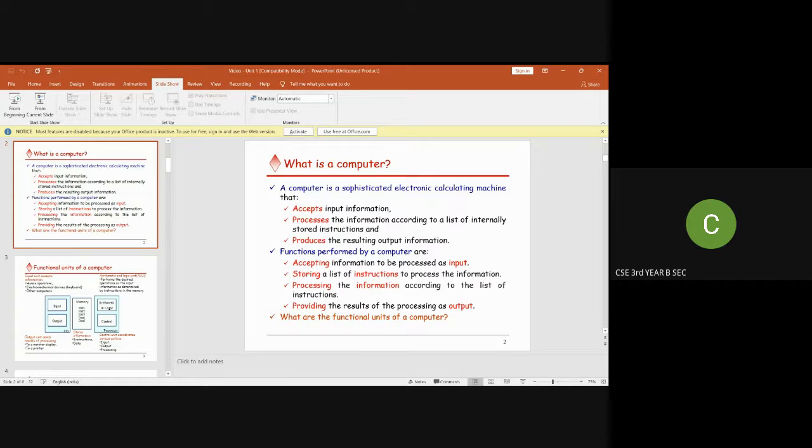What are the functions performed by a computer? It should accept the information from the user as an input, and this input is to be stored and processed. In order to process the information, we have some instructions which are also stored in the computer.